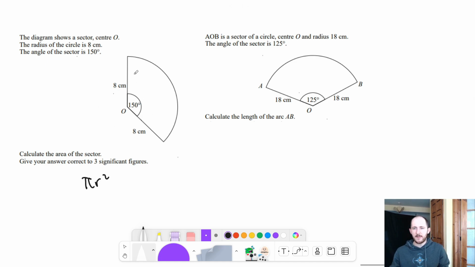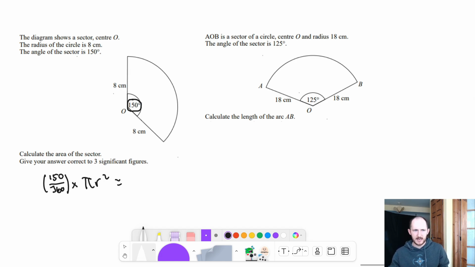Well, the way we get that fraction is we take the angle that's here, and we divide it by the total angle in a circle. So we do 150 in this case. And what's the total angle in a circle? It's 360. That will give us our final answer.